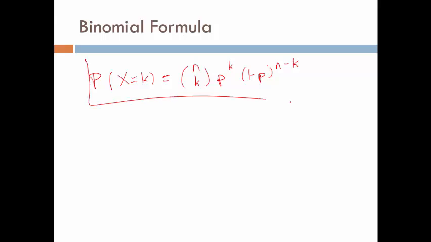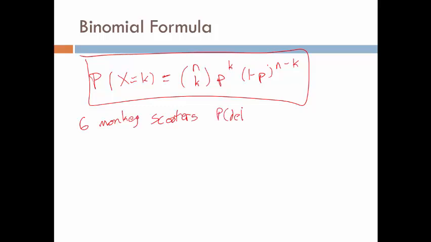It looks kind of big and scary, but just on the off chance that you see it within a multiple choice type question, let's say the 6 monkey scooters, and the probability of a defective was 40%. The question might be like, how likely is it that we get 4 defective scooters? All right. How likely is that?